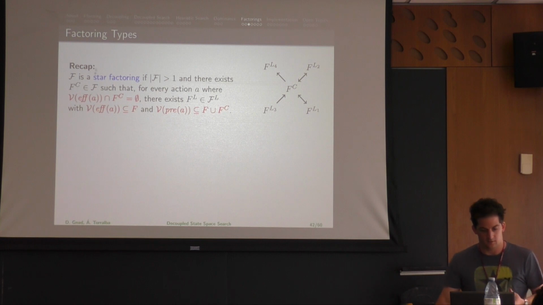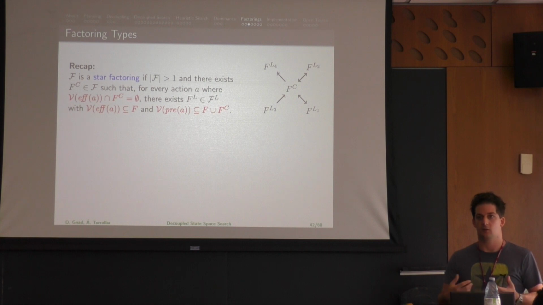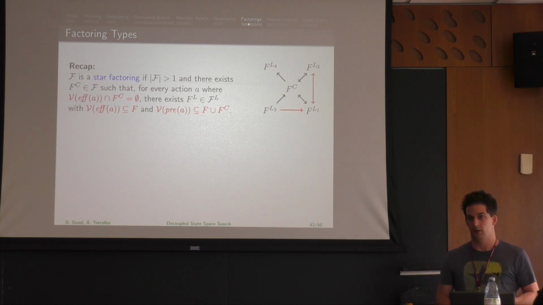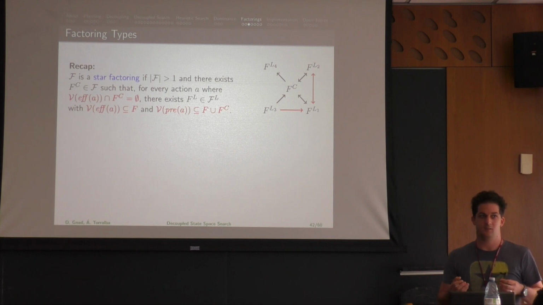Now this is like the definition of a star factoring again from the introduction, and this is one possible factoring. Now, not our running example, but an arbitrary one, and each of these factors can contain many variables. Now, I kind of lied to you in the beginning, because actually this definition allows for interactions like the ones marked in red, just because there might be center actions that affect multiple leaves at the same time.